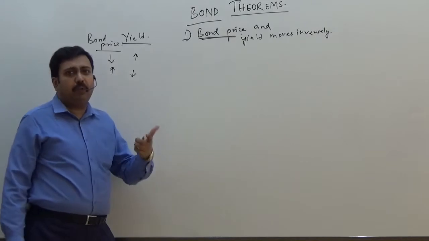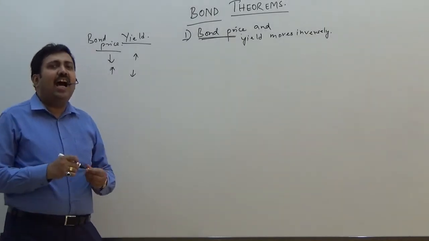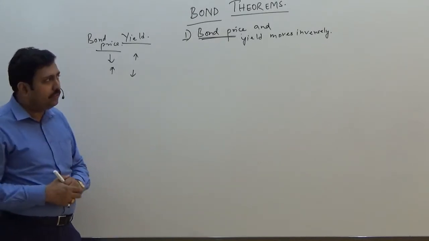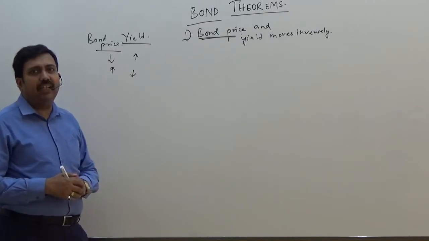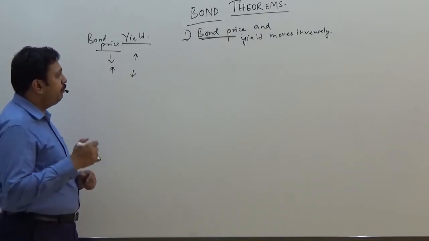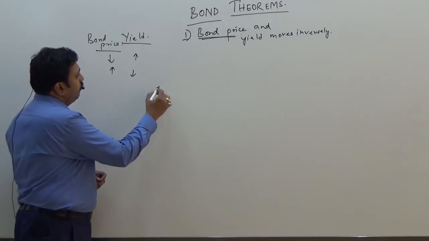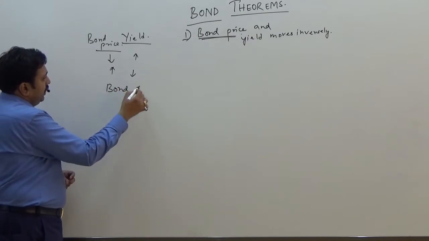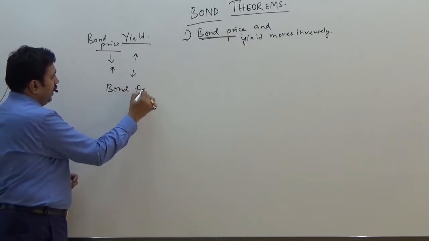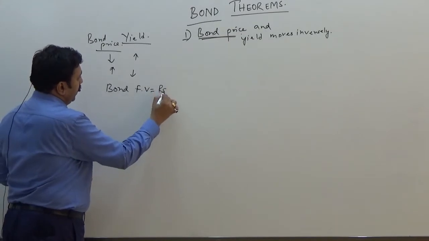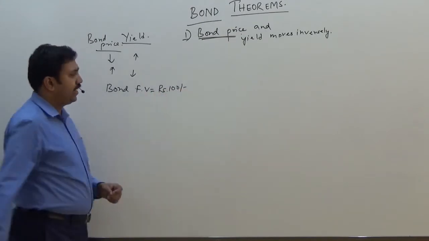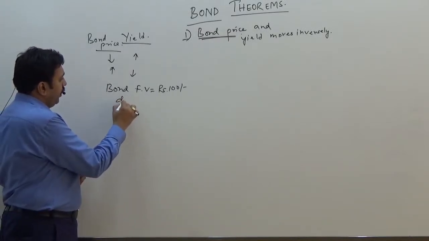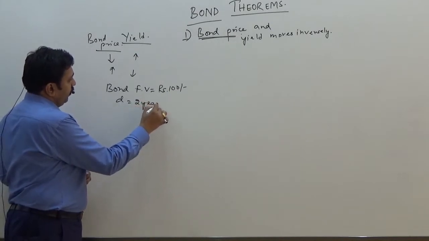Now let us take a problem to understand how this inverse relationship actually happens. Say, for example, I assume the bond face value is rupees 100, and my duration for this bond is 2 years.